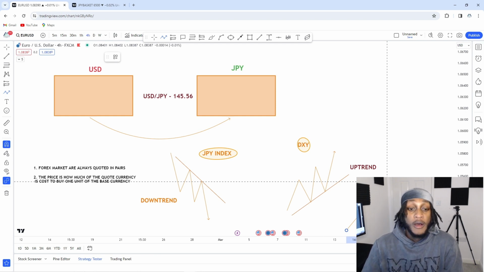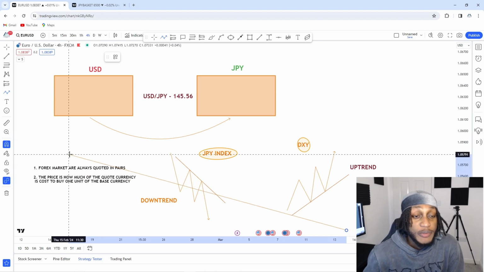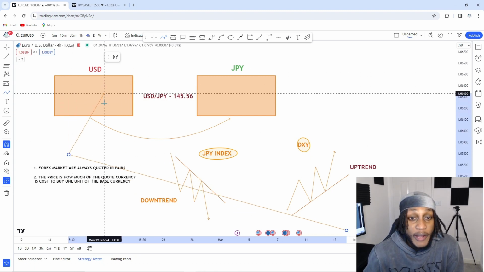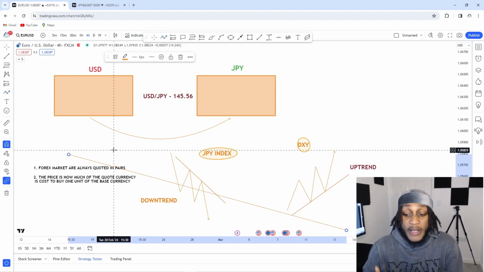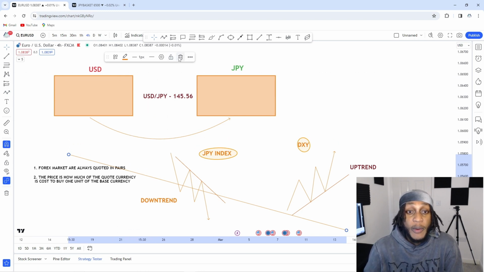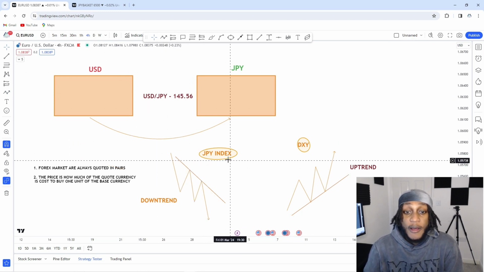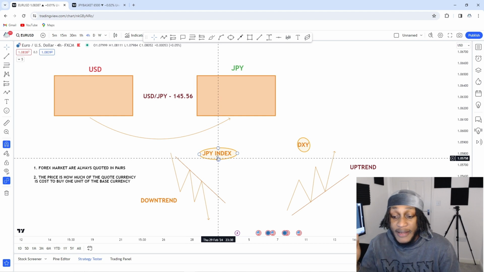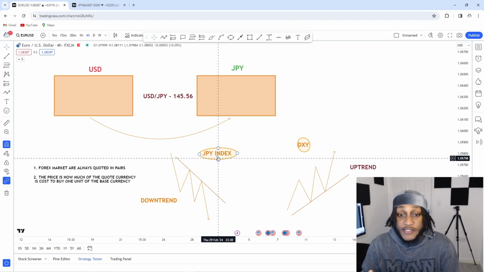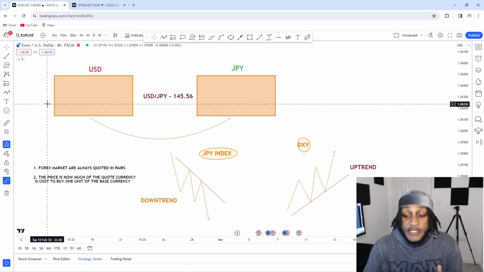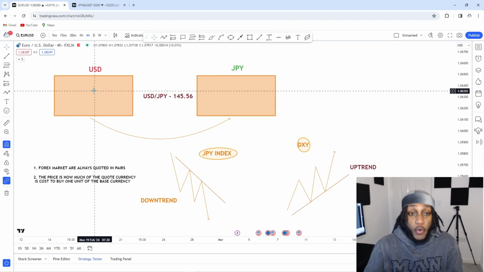The first thing you should be looking at is USD JPY. When I analyze USD JPY, the first thing I look at is my JPY index and my dollar index. In the forex market, you have base and quote currencies.